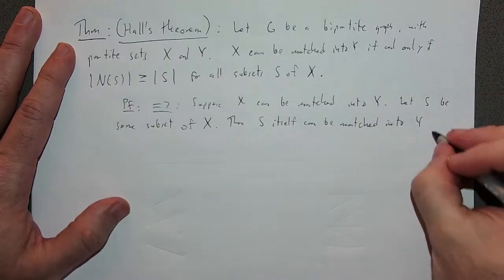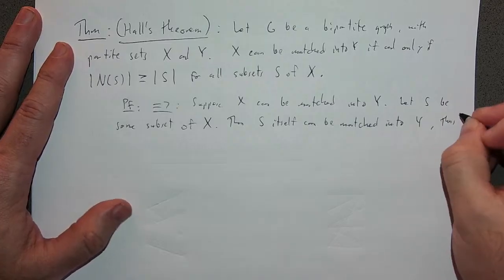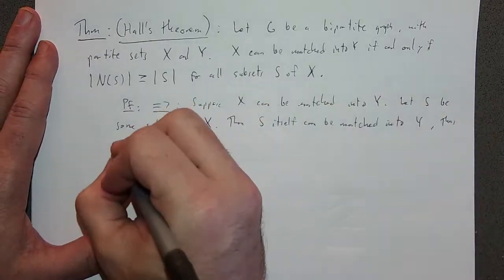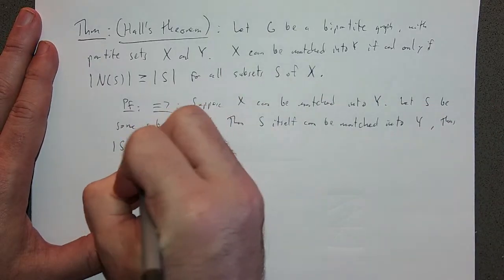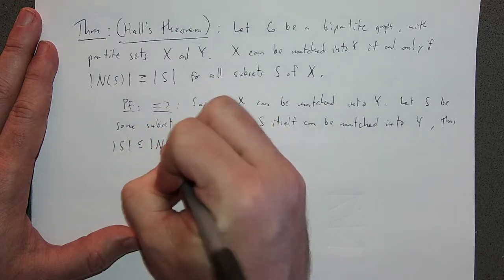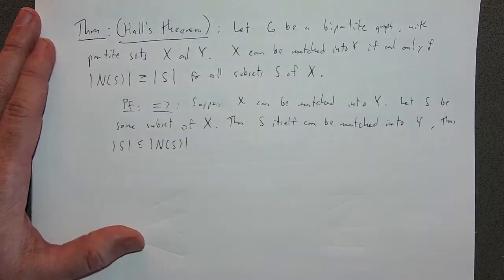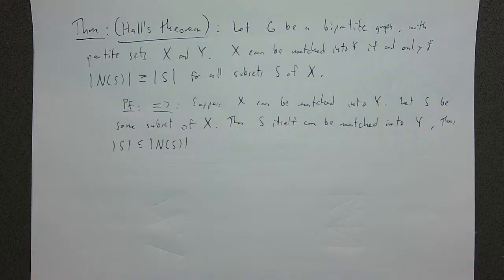And thus, immediately, we see that the cardinality of the subset S is less than or equal to the cardinality of the neighborhood of S. Why?